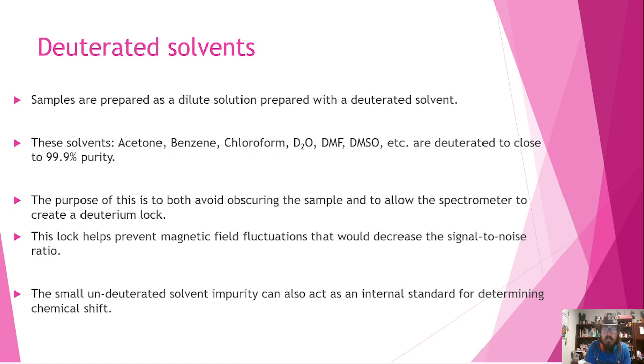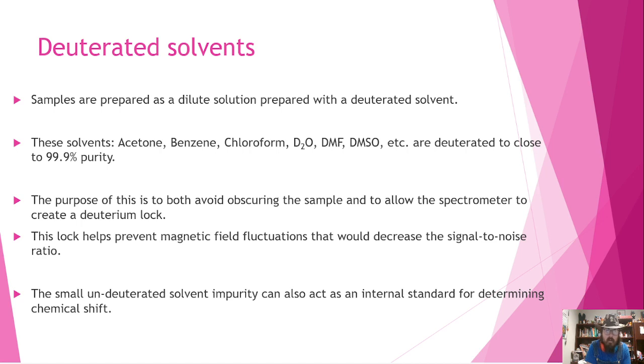So there will be some of the solvent that has not been deuterated, but it's usually such a low percent that we don't have to worry about it. This will give us something to lock onto, that we know where it's supposed to be. The solvent will dissolve the sample, and the deuterium will shift at different radio frequencies and thus will not really be seen. Yes, you could probably study deuterium, but we don't.